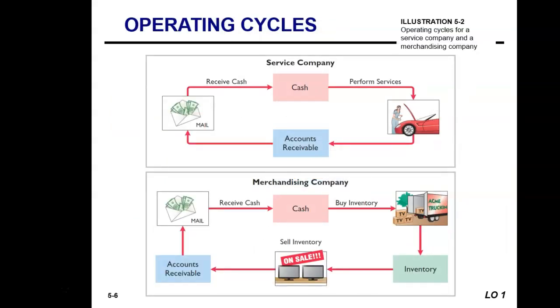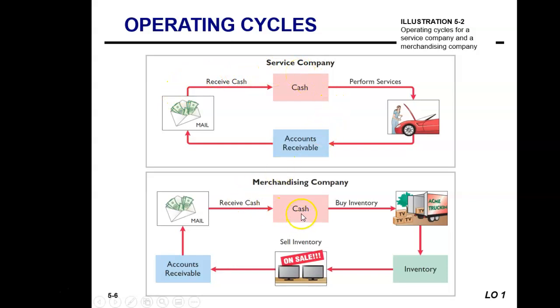Operating cycles. If you are a service-based business, notice that you're not really in the business of selling products, you're performing an actual service. So for a service-based business, you begin with performing a service, such as providing automotive services. Sometimes the service is provided on account, meaning that the client hasn't paid us, so we have accounts receivable. The client will then mail us a check, and we're going to receive the actual cash.